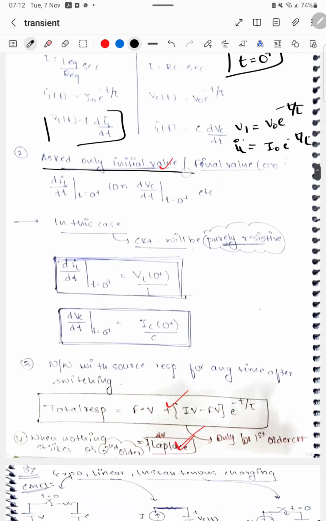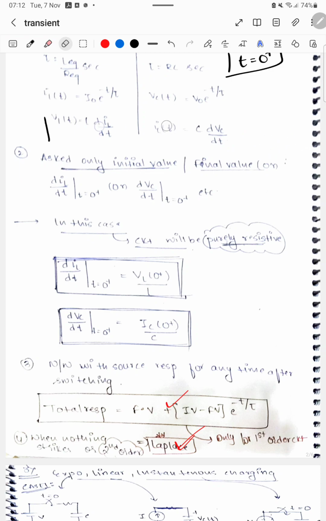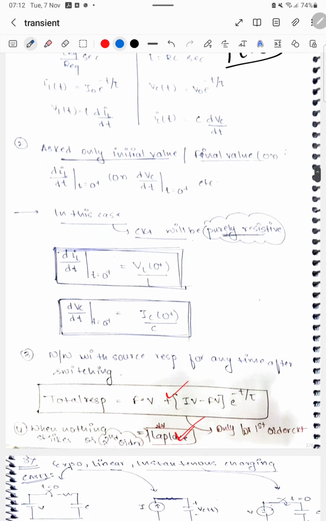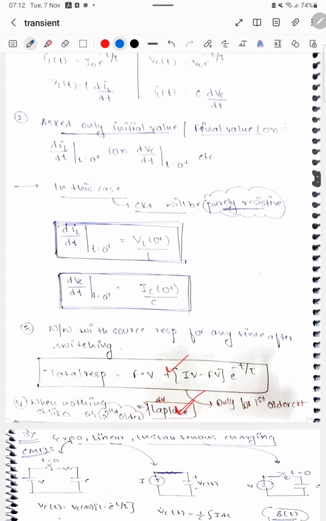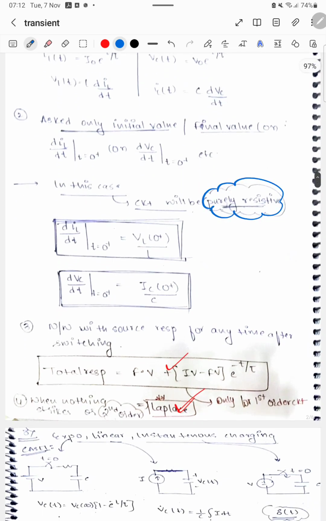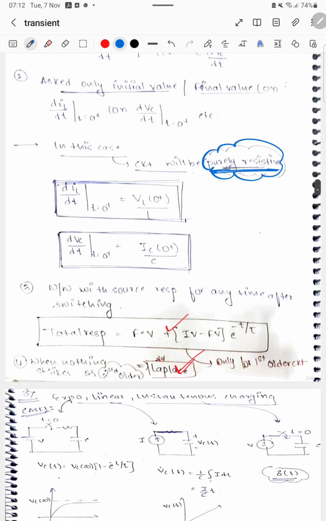Now if the questions are specifically asked on initial values, in that case the circuit becomes purely resistive. Very important point, the circuit becomes purely resistive. In that case we should be checking diL upon dt at t equals 0 plus, and dvC upon dt at t equals 0 plus.